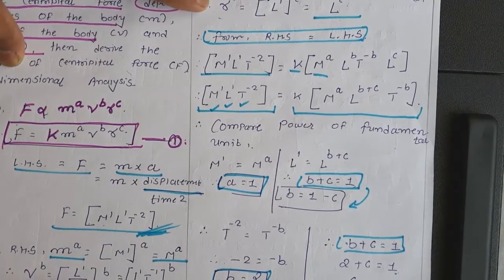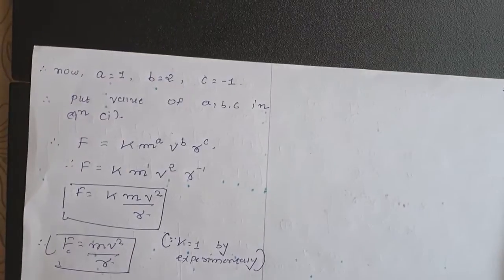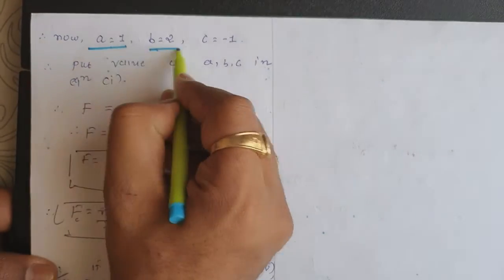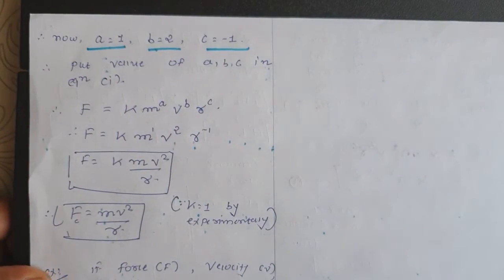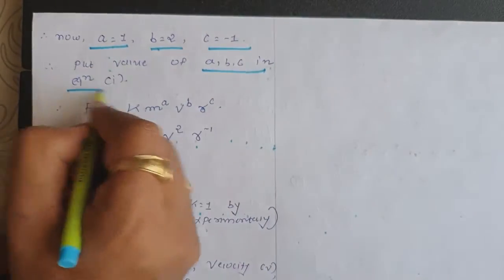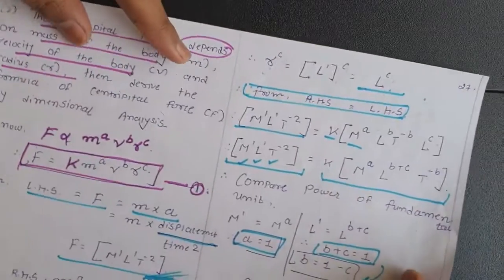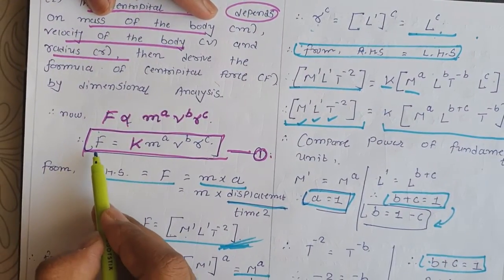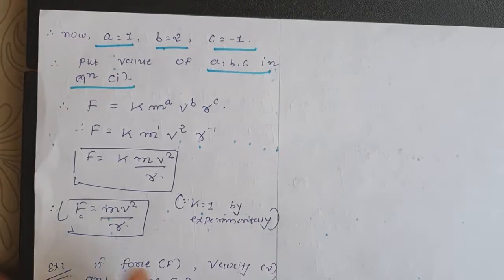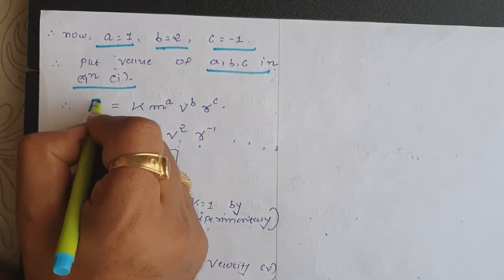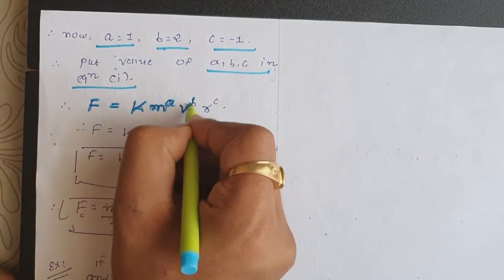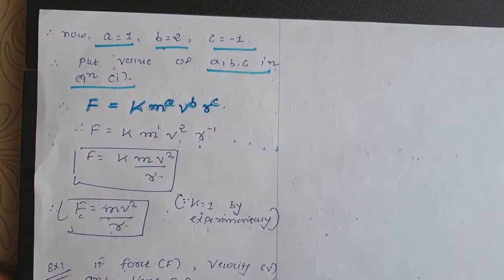After this we have found our three values: a equals 1, b equals 2 and c equals minus 1. Now all these values of a, b, c are put in equation number 1. What is equation number 1? F equals k M^a V^b R^c.